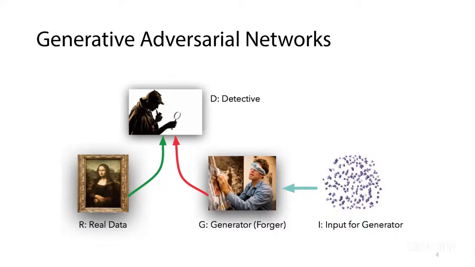That equilibrium is the point where the generator becomes so good at generating images that the discriminator is no longer able to discriminate real versus fake. So the accuracy of the discriminator is going to converge to 50%, which is a coin toss, right? And that is essentially the converged state of the generative adversarial network.